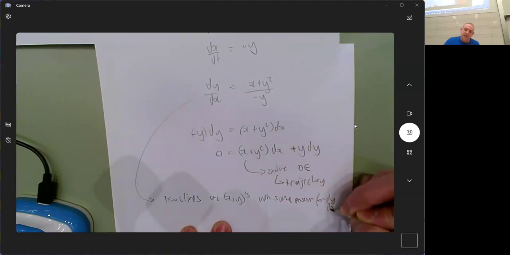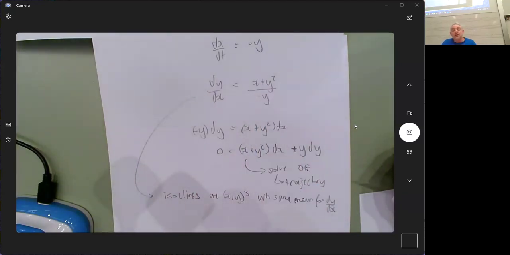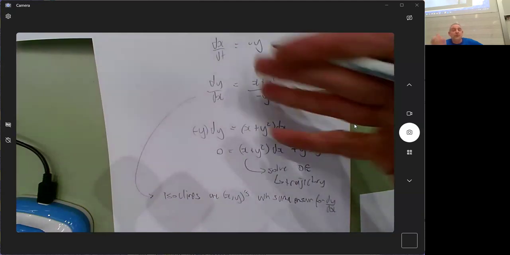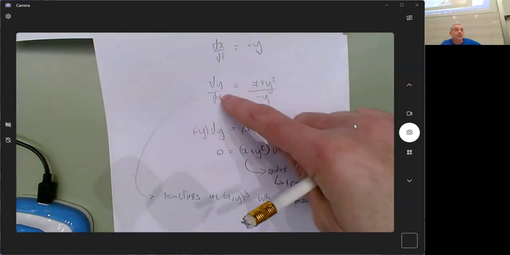So there's going to be a whole lot of x's and y's that produce 0 for the derivative, and all of those together are an isocline. And there's going to be a whole lot that produce 3 for the derivative, and all of those together are an isocline. And there's going to be a whole lot of points that produce, I don't know, minus a half for the derivative, and all those together are an isocline. And that's what isoclines are. They are collected points that have the same answer for the derivative.